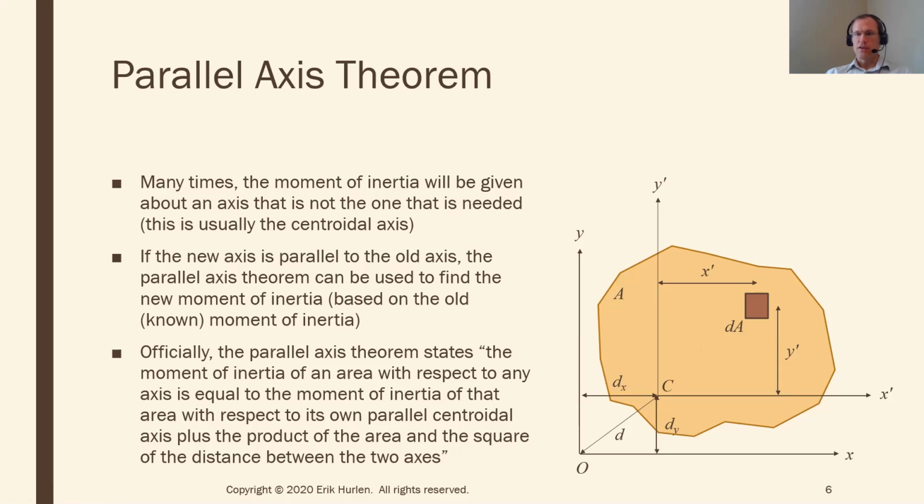And then to find the moment of inertia for x, this axis down here, all I need to do is take whatever moment of inertia I found for x prime, and then add the area of the shape times the perpendicular distance, in this case dy squared, and that will give me the new moment of inertia about this new axis x.